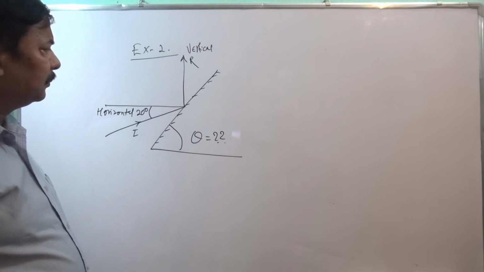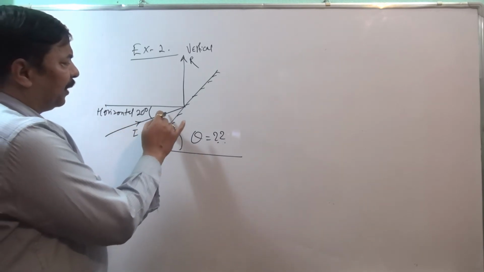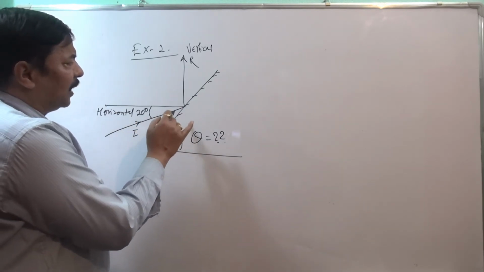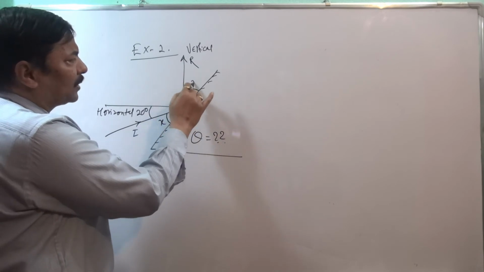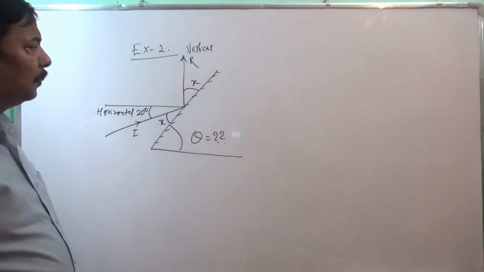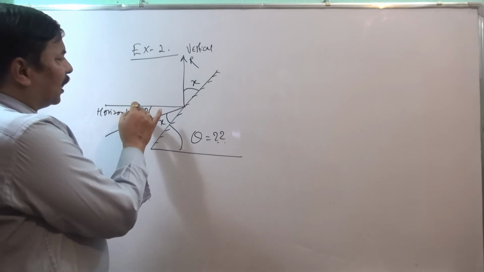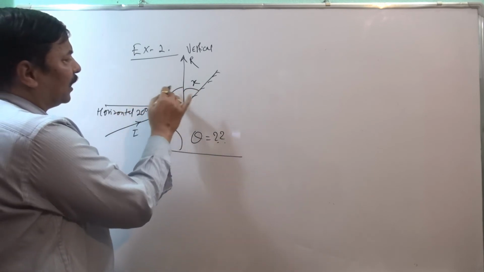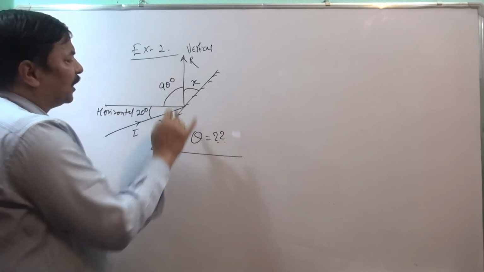This time this is the incident ray. If this is making an angle x, then the reflected ray also makes the angle x, as I told you, and this is horizontal, this is vertical, so this angle is 90 degree.